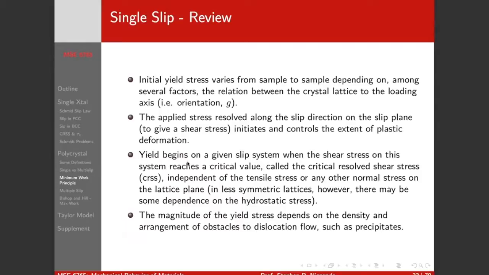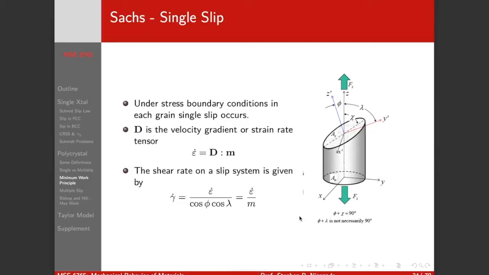Yield is going to begin on a given slip system when the shear stress on this system reaches a critical value. We call that value the critically resolved shear stress. It's independent of the tensile stress. The critically resolved shear stress is a function of the state of the material. And the magnitude of the yield stress is going to depend on the density and arrangement of obstacles to dislocation flow, such as any precipitates. That's just review stuff.